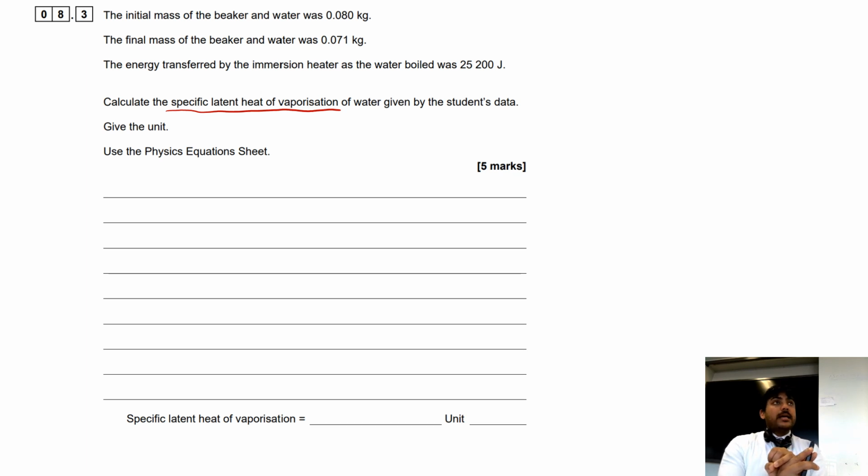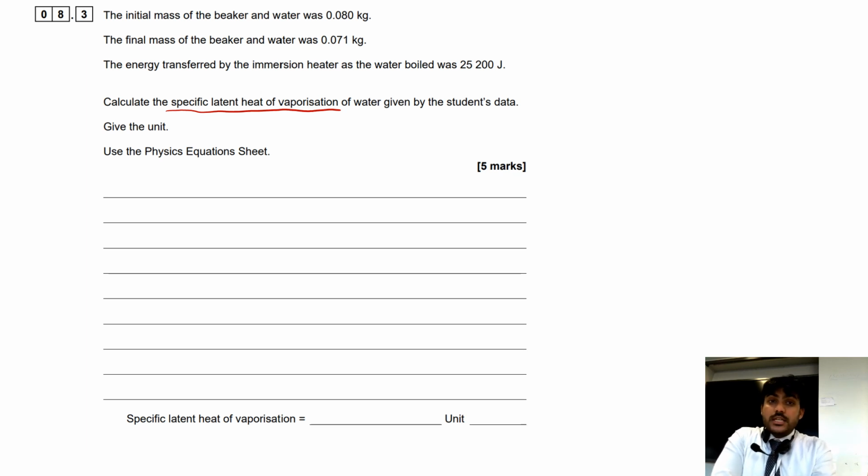So if you think about it, it's not the energy that you put in to get it to 100 degrees. When at 100 degrees, when it's boiling, the energy that you put in then, that is the latent heat of vaporization. Because the energy is not going in to heat it up anymore. Because if you think about boiling water, it doesn't go to 101 degrees. It stays at 100 degrees.